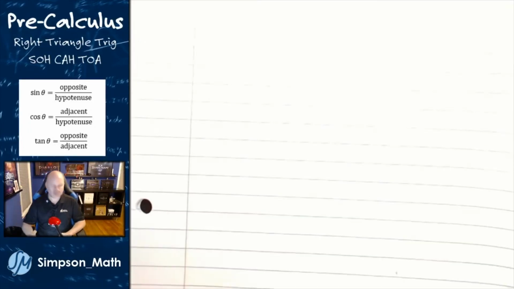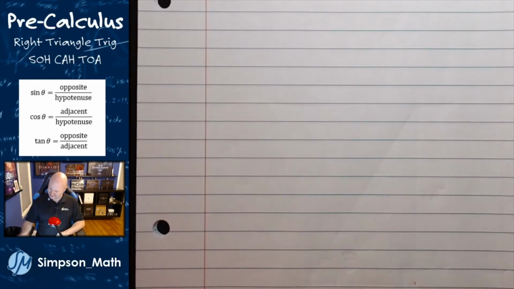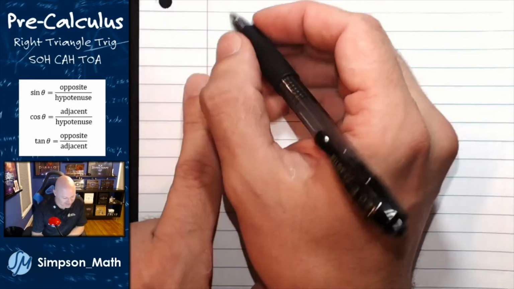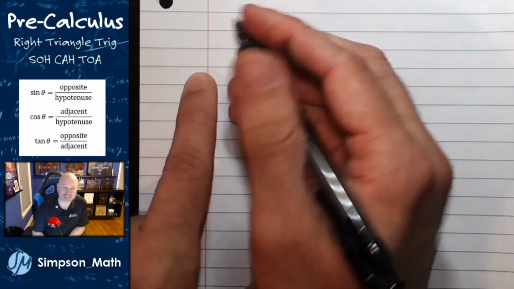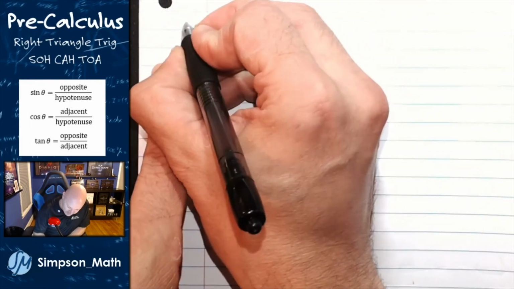Now I'm just going to play around with some crazy looking problems. No longer with right triangle trig. I guess we're still there. Here's an example.